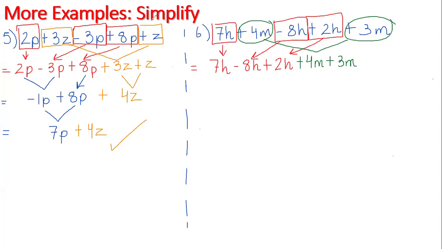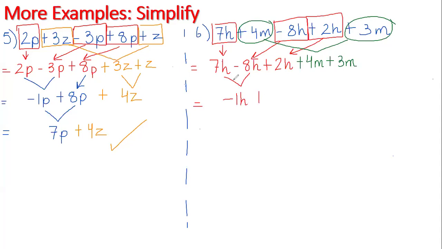You gotta subtract 8H from 7H, and then they give you negative 1. Very good. So 7H minus 8H is going to be negative 1H.